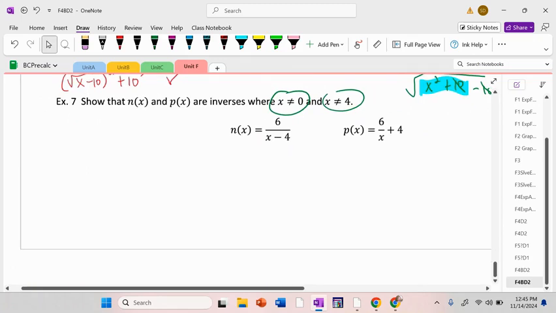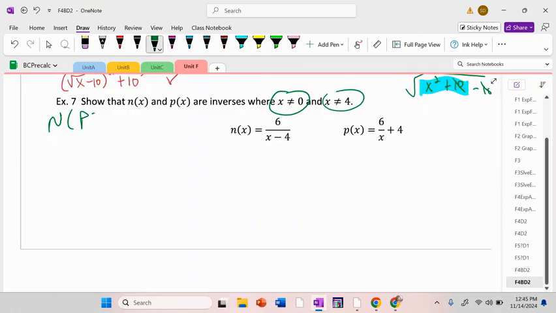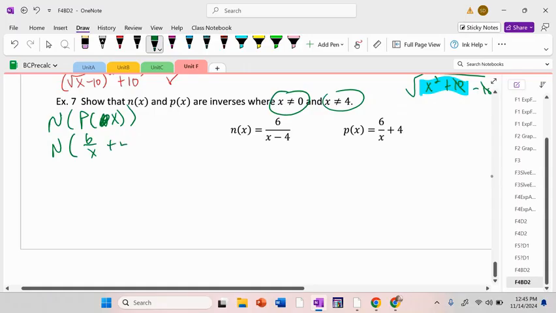Just making sure. Oh, boy. I'm going to do a capital N of P of x. P of x is 6 over x plus 4.